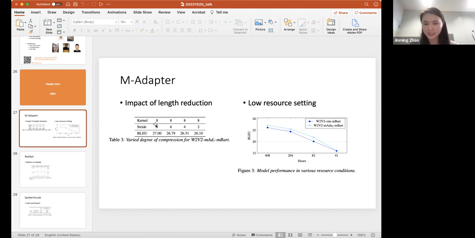When we compress the sequence too much, the performance will also drop. Although I didn't include another stride, we did one experiment by just increasing it a little bit further, and we observe a performance drop. That makes a lot of sense.